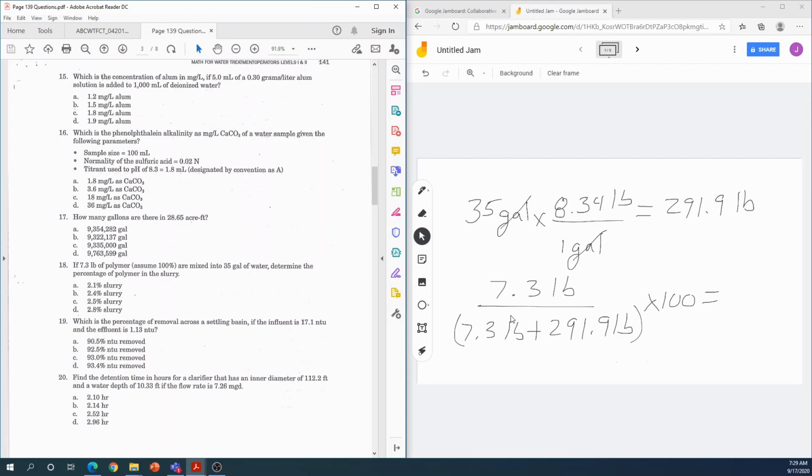So we get 7.3 pounds plus 291.9 pounds. We're going to take 7.3 and divide by that, and then multiply by 100. And this is going to give us 2.45%. Because our pounds are going to cancel our pounds. And 2.45% is going to equal B, 2.4%.